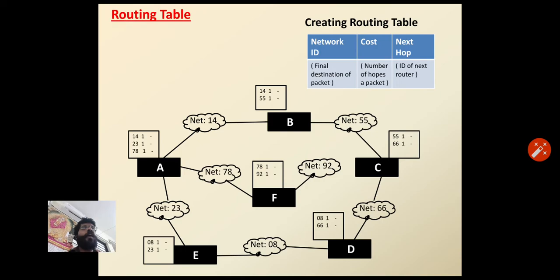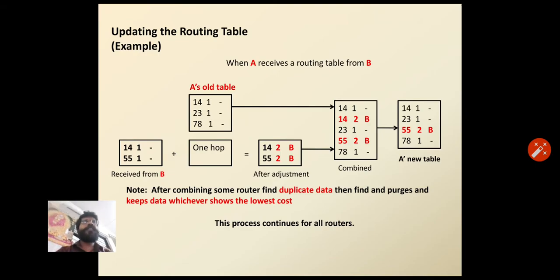Next is how to update the routing table, with an example you can see here. Suppose A receives a message from node B. A is the router which receives the message from router B. The old routing table for A is 14.1, 23.1, 78.